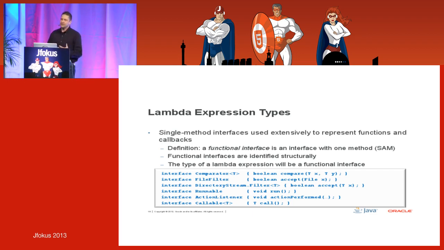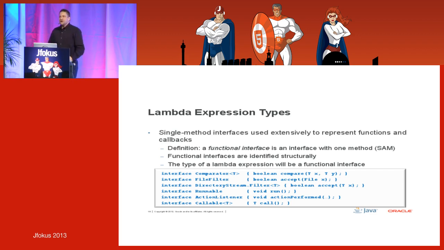And all we're really saying there is that a functional interface is equivalent to an interface with one method, a single abstract method type. So you can think of it as an anonymous inner class which has a single method that you implement. And that's what we're defining as being a functional interface from the point of view of our lambda expression.